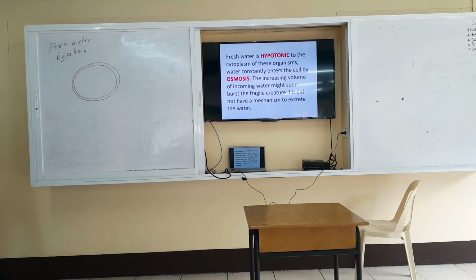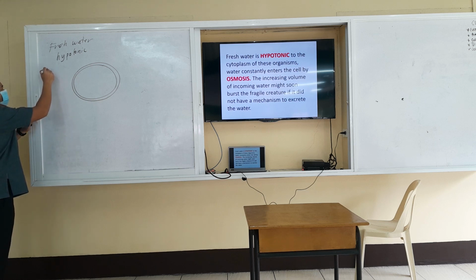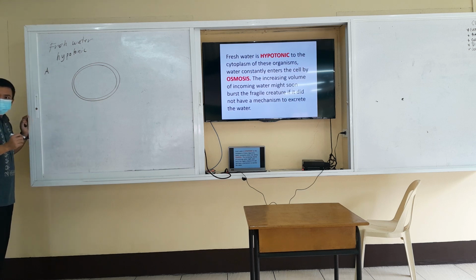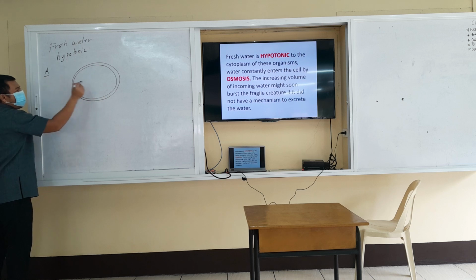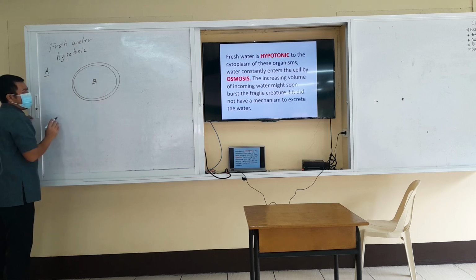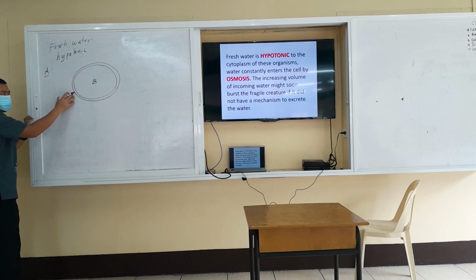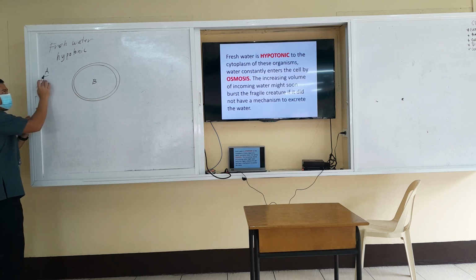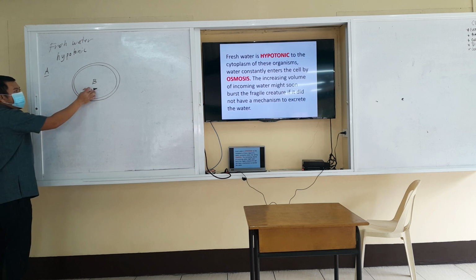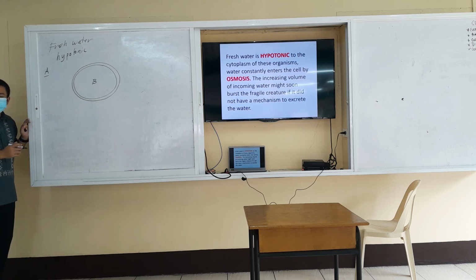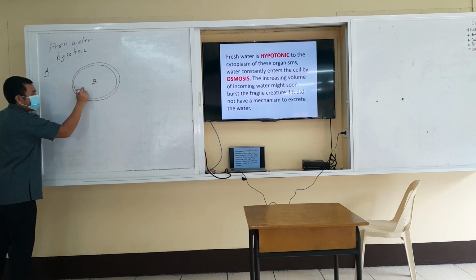So what is a hypotonic environment? You have two areas here, area A and area B. The environment outside of the cell is area A, water. The environment inside the cell is area B, so there is water plus solute.